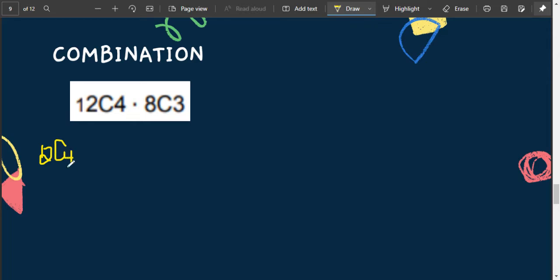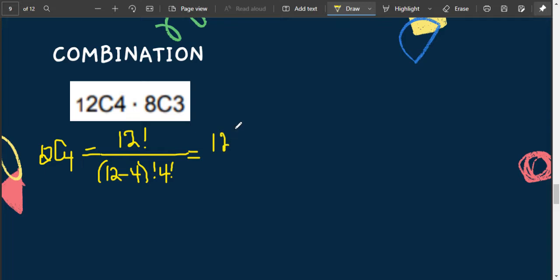12C4 is equal to, ang formula is N factorial muna. So, 12 factorial over 12 minus 4 factorial times 4 factorial. Dapat kabisado nyo na yan, class, ha? Yan. So, ngayon, bago natin i-expand yung 12 factorial, simplify muna natin yung nasa baba. 12 minus 4 is 8 factorial times 4 factorial.